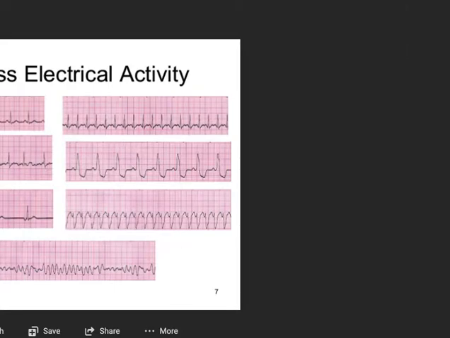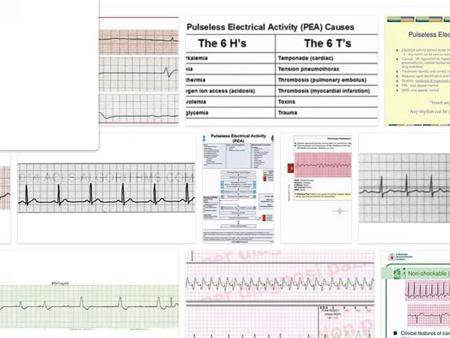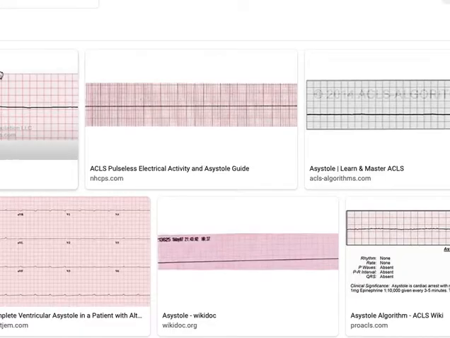And another one is called asystole. One of my students, by the way, when I showed him this ECG and asked him to define it, used the word death. So this is asystole, and of course there is no identifiable cardiac electrical activity.